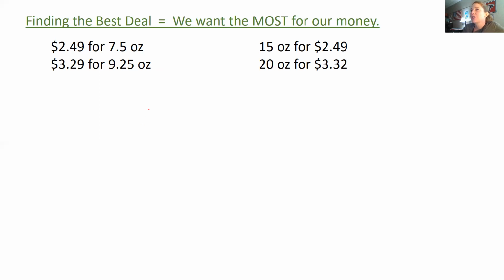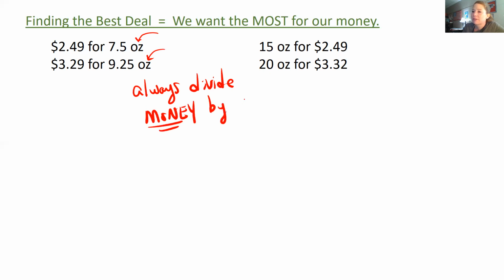So let's see how we're going to do this. One way to find out how much we're going to pay per ounce is we're going to divide our money by our ounces. You always divide money by whatever the other thing is, we'll say weight, but of course it's not always weight, right?